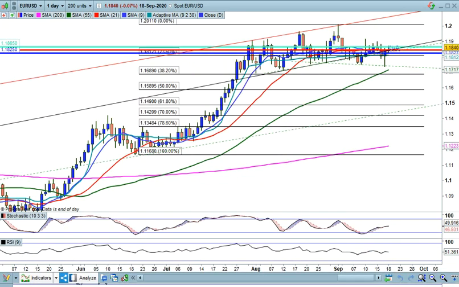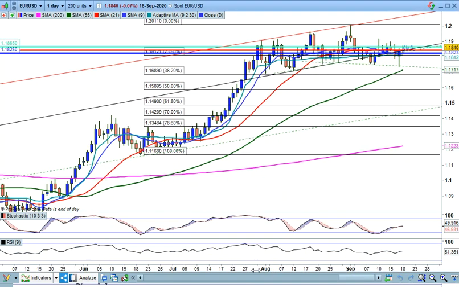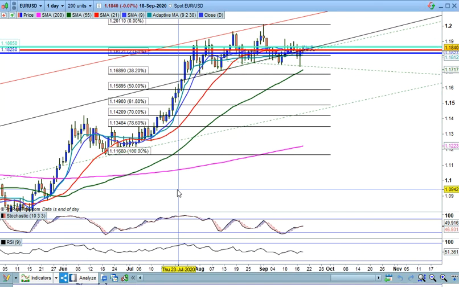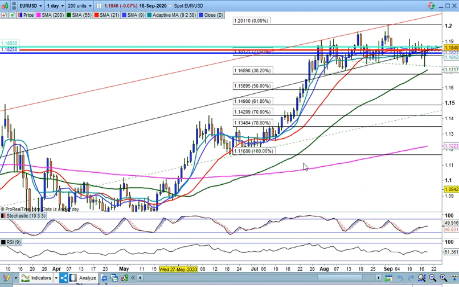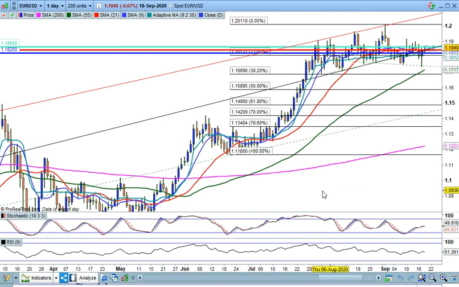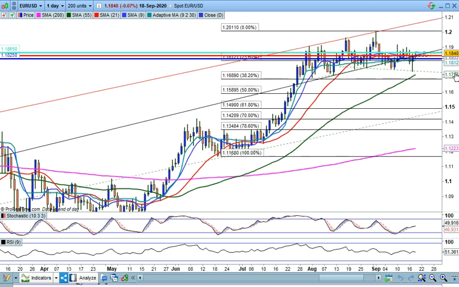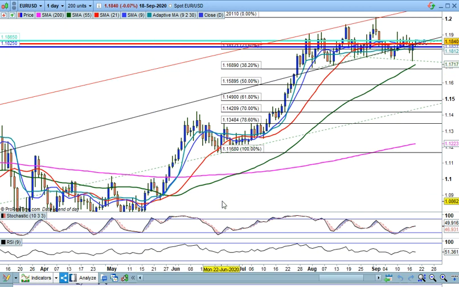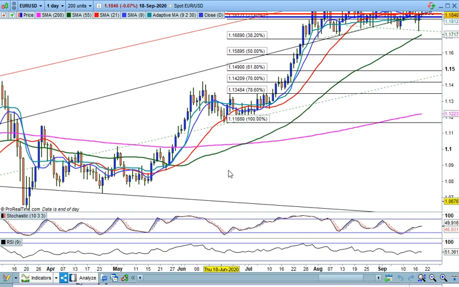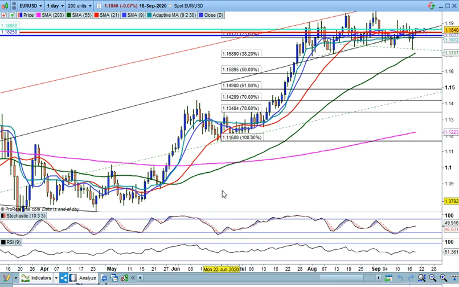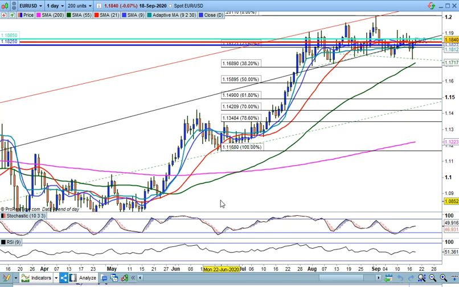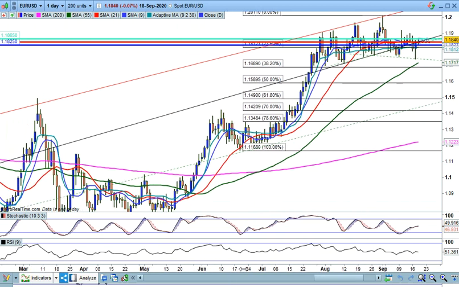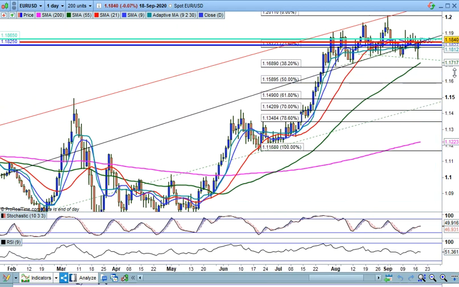Keeping the fact that the trend overall is lower, understand that. This little move we've seen here has only been a correctionary move to the major trend and hasn't broken any significant levels on the top side.